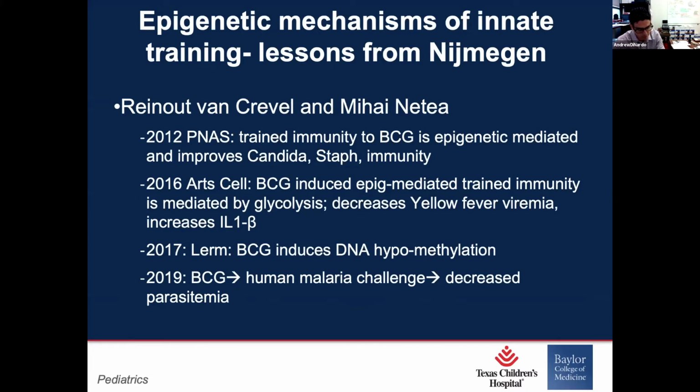Specifically, they've shown that this is epigenetically mediated and also mediated through cell metabolic changes with an increase in glycolysis inducing the epigenetic changes. The original paper back in 2012 showed that BCG induced epigenetic mediated changes that improved monocyte immunity to Candida and staph.